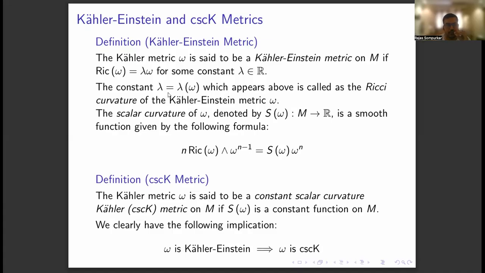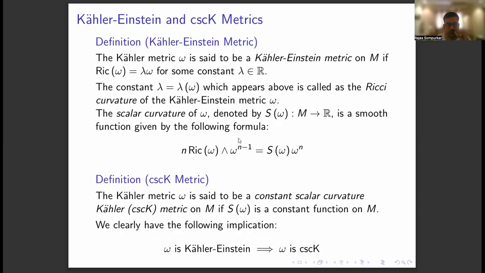Okay, and then the scalar curvature of a Kähler metric can be quickly computed by this formula as well. Namely, if we take the Ricci curvature form and wedge it with omega raised to the power n minus 1.